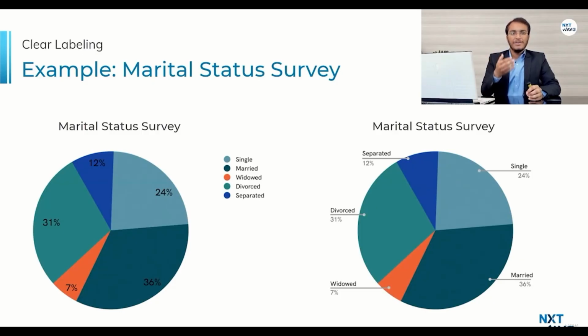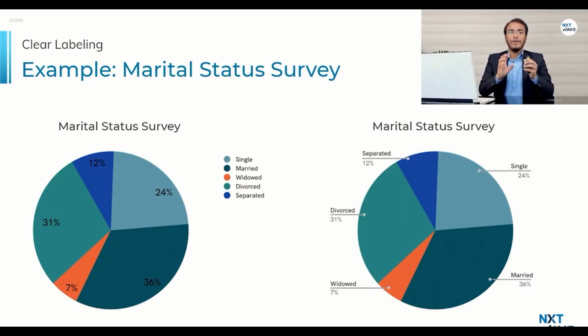That makes it annoying to read, or you can't clearly see the percentages. That is why on the right side we have written the percentages 31, 12, 24 outside the pie chart. So that is the right side visualization.